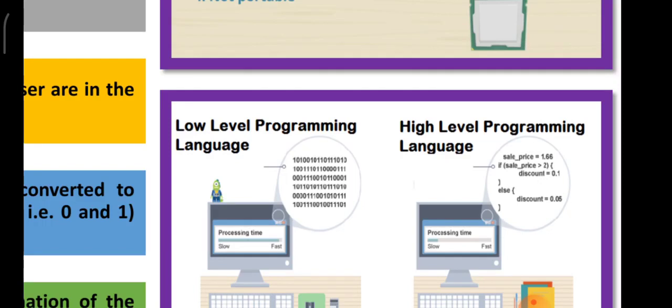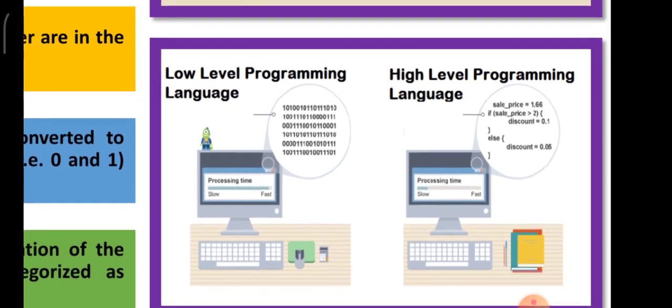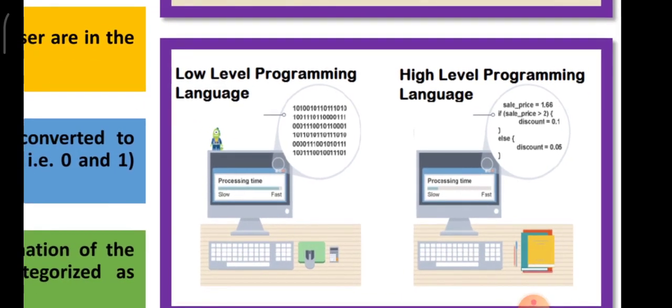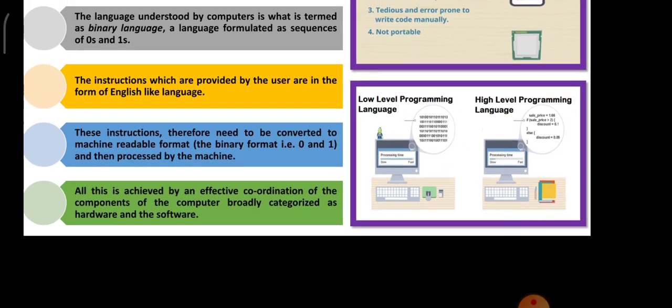In that, we are giving a 5% discount on a particular sale. Now that is written in English, which a human can understand. But look at the left hand side, the computer will understand only machine language, which is in the form of 0 or 1. Hope this is clear to you.